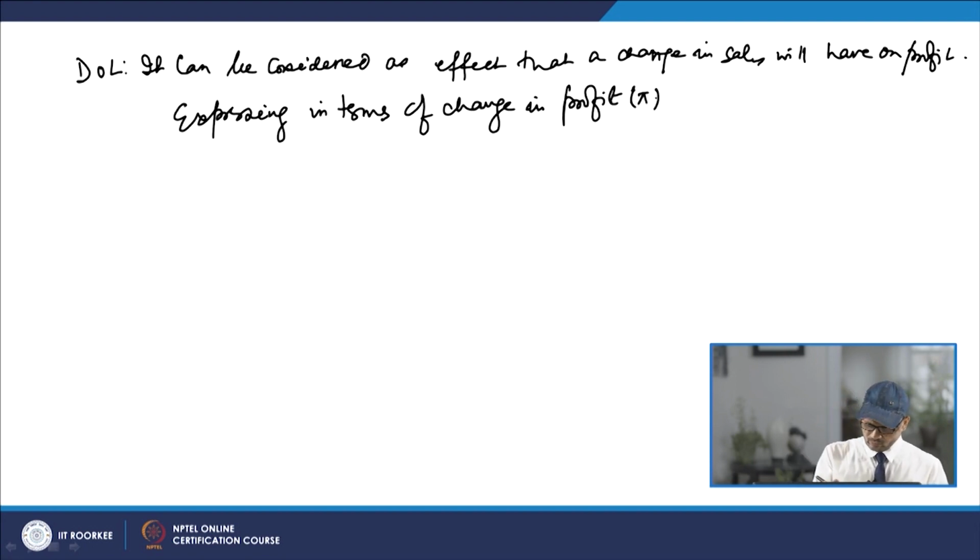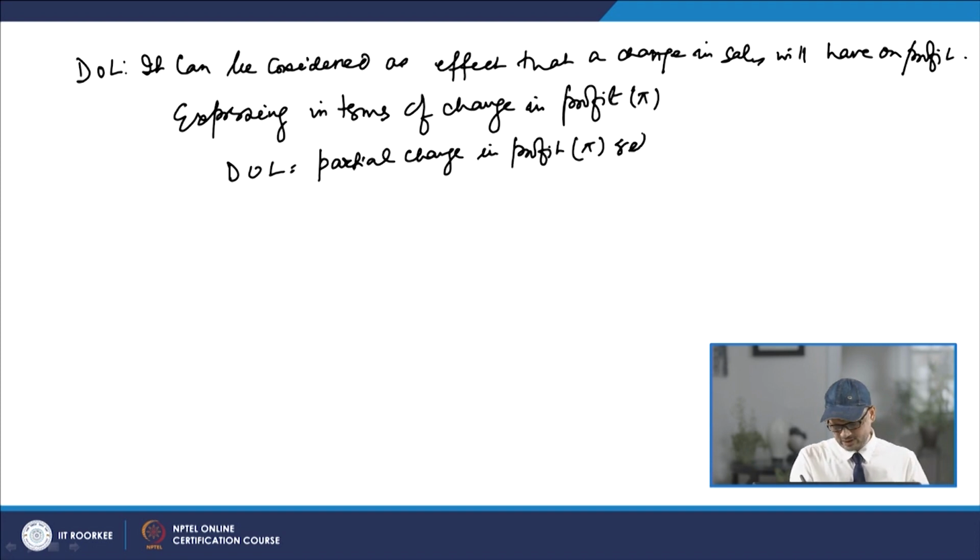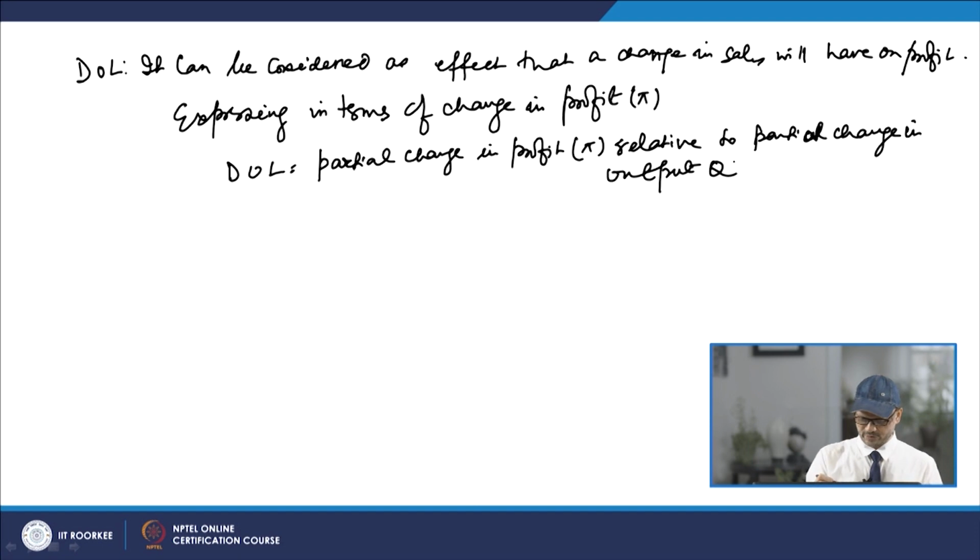So, we can express this DOL as the partial change in profit, that is pi, relative to the partial change in output, that is Q. So, basically we can write this DOL as dou pi by pi divided by dou Q by Q. So, this is how the DOL can also be expressed.